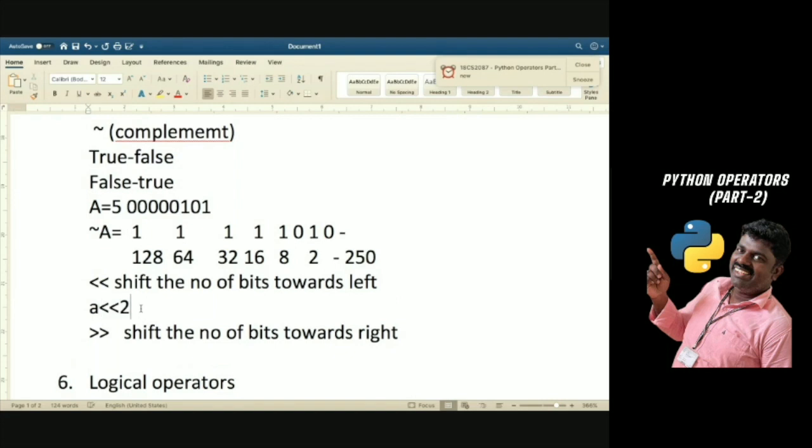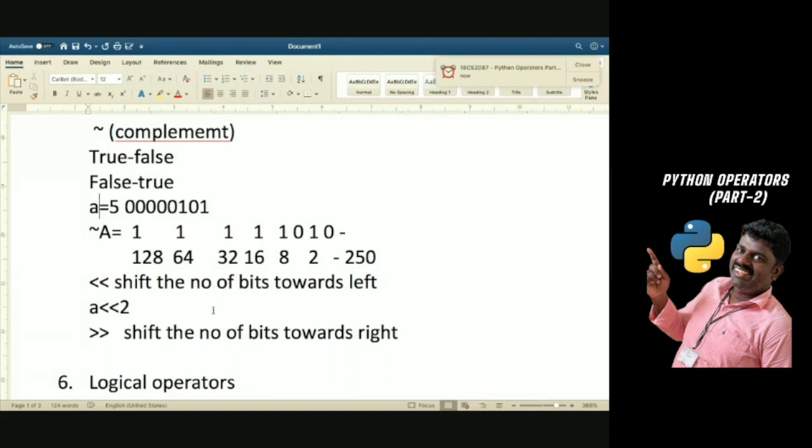So 2 zeros will be pushed. Got my point? For example, if A is equal to 5, this is the value, right? So when I go for left shift, this 0 will be shifted out and we will add 2 zeros here.